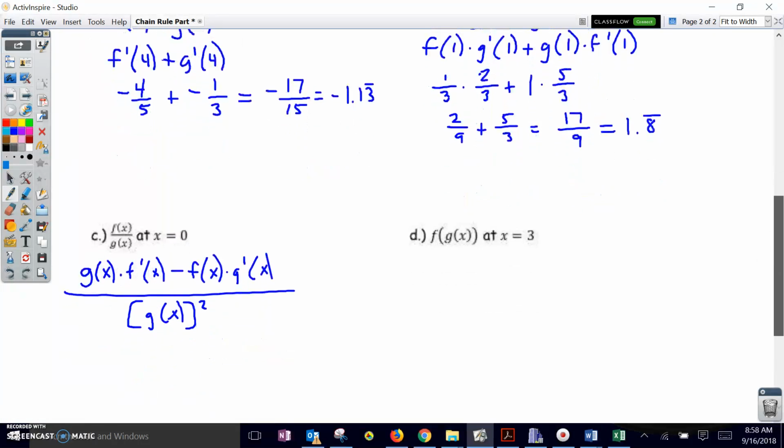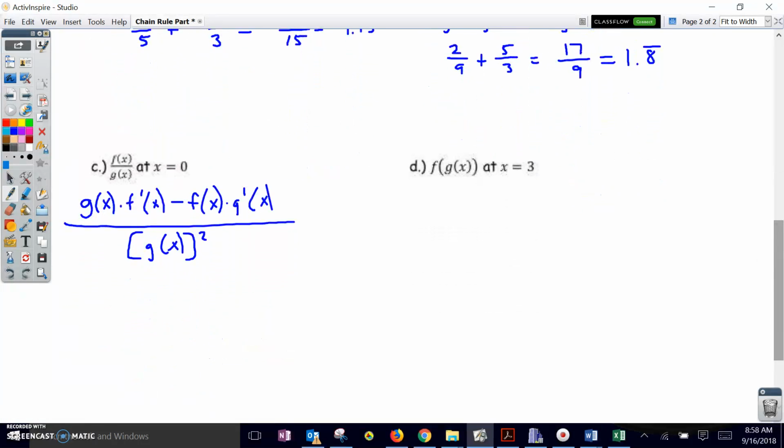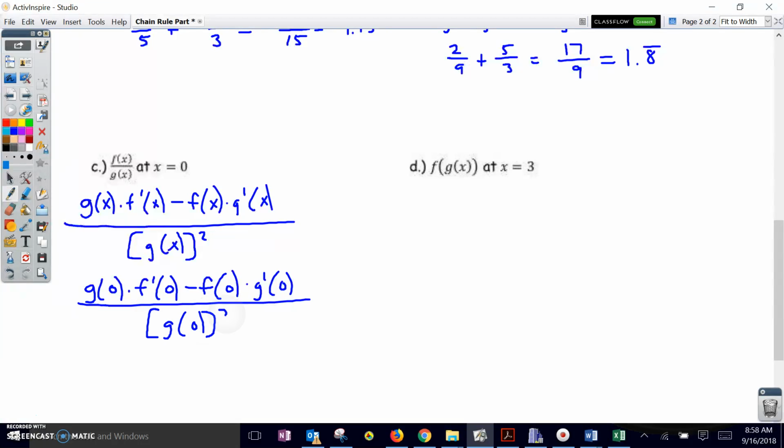And we're going to evaluate this at x equals 0. So I want g of 0 times f prime of 0 minus f of 0 times g prime of 0 all over g of 0 quantity squared.